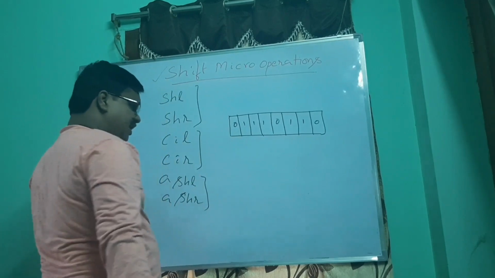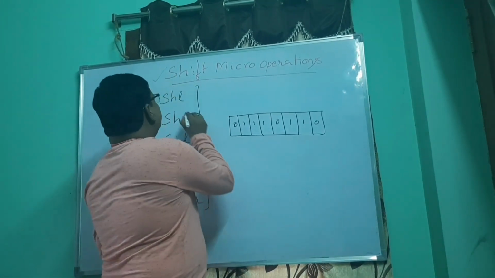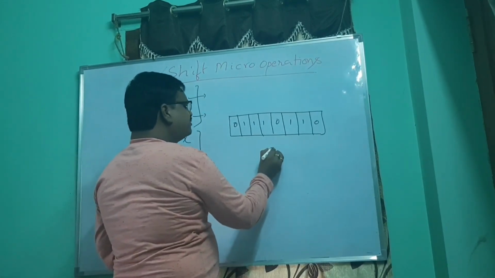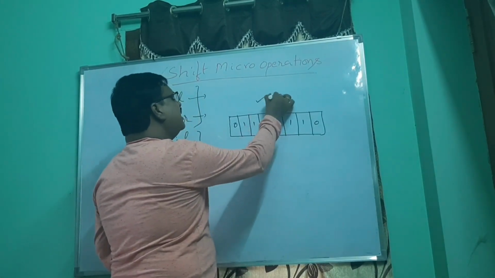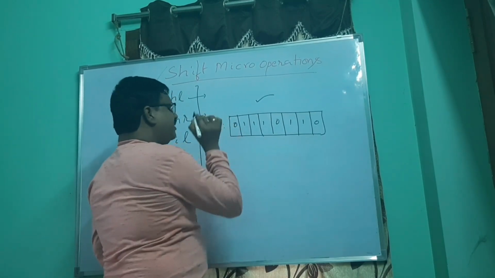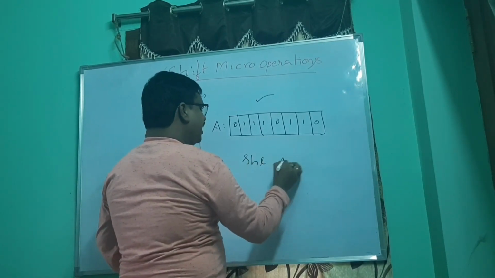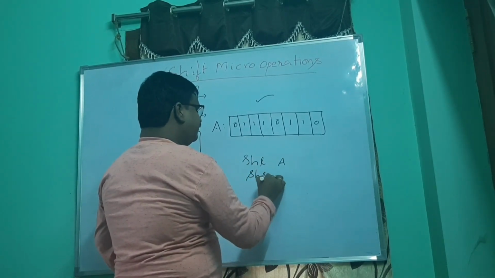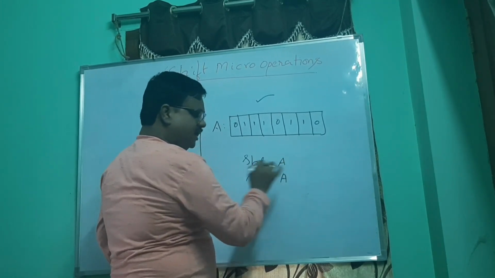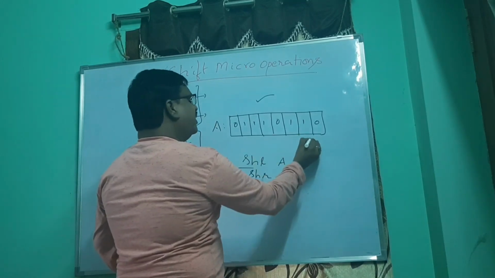Let's take this as an example. The two operations, shift left and shift right, will be executed on this data. Say this is in register A. So you can use shift left A, or shift right A.